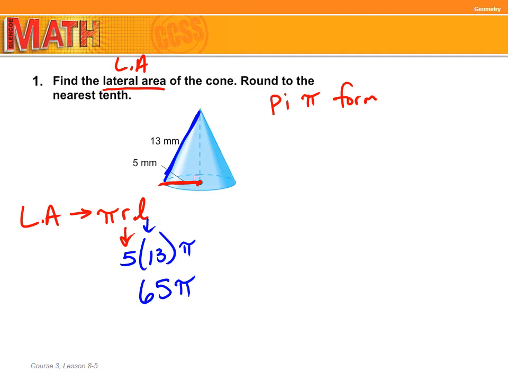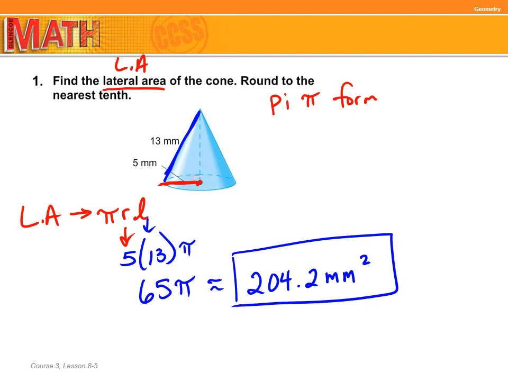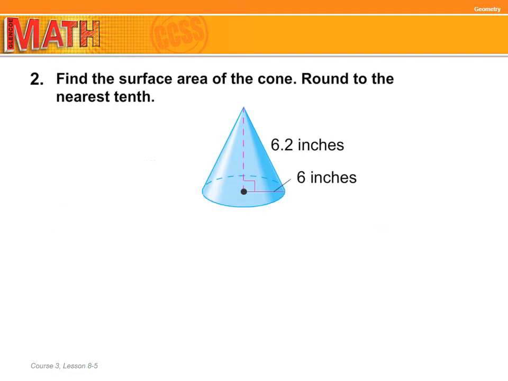So it's 65 pi. And again, if I wanted to figure out multiplying by pi, it should be approximately 204.2 square millimeters. Either answer would be correct, 65 pi or 204.2 millimeters squared.